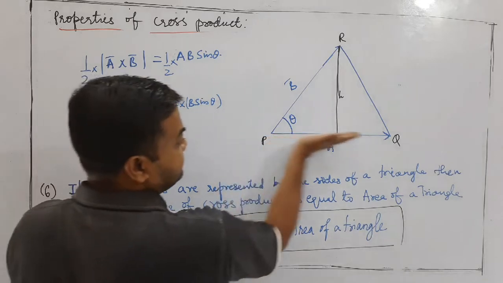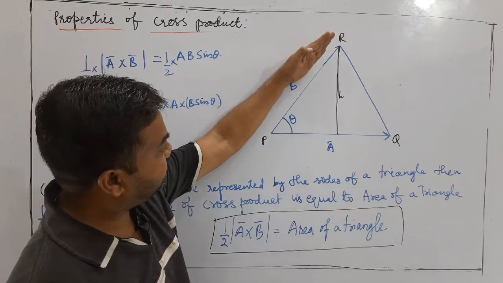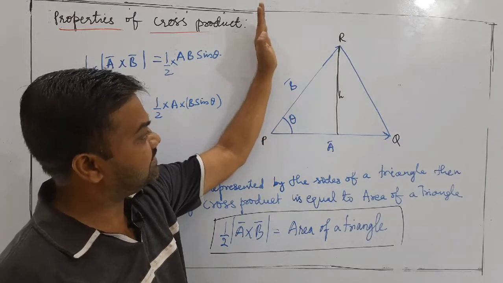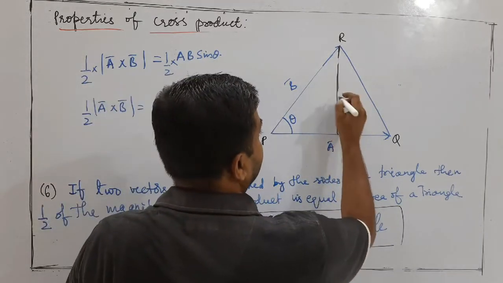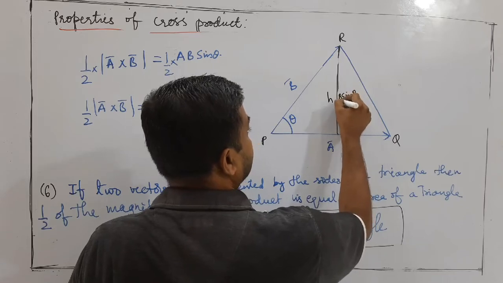If this one is A and this one is B, the component of B along this direction is B cos theta, along this direction is B sin theta. That's why this is also height, and this height is equal to B sin theta.